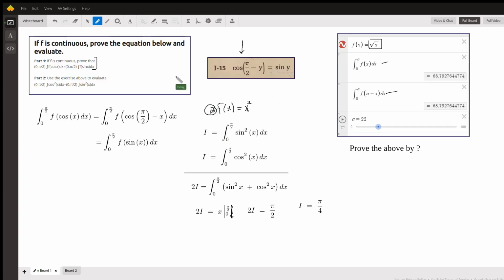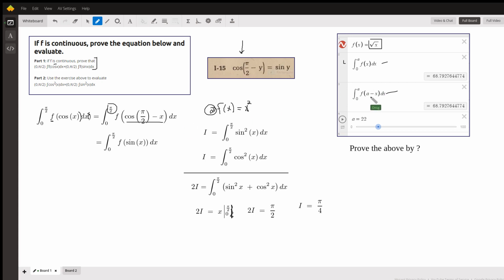So if that's true, then the definite integral from 0 to pi over 2 of f, where f is continuous, of cosine of x dx, whoops, this parenthesis should have been here, is equal to, using this property right here, f of the cosine of pi over 2 minus x.